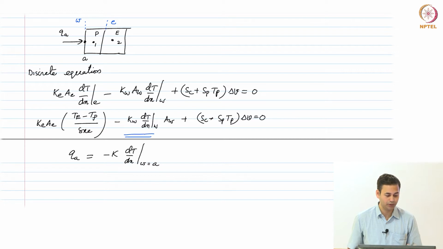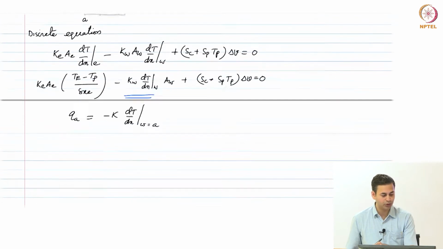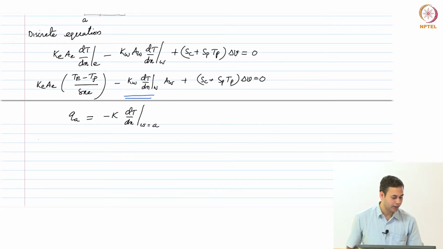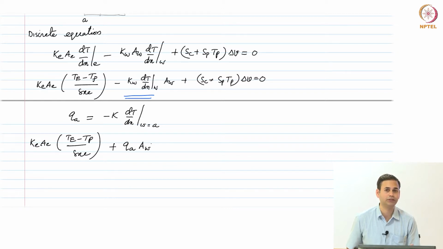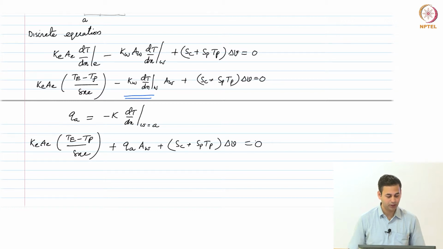Then I write the discrete form, which is K east A east times (TE minus TP) upon del x E, plus QA times A west, plus (SC plus SP TP) times delta V equals 0.